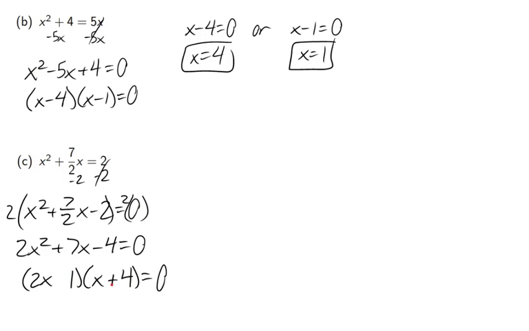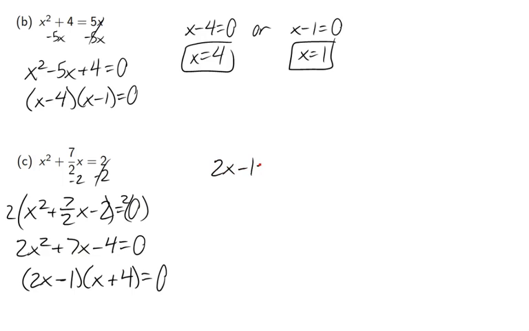However, the 7 is positive, so let me put the plus on the 4 and the minus on the 1, and now as you can see, I would get 2x squared, 8x and minus 1x, which makes the 7x, and the -4. So, that's the way I factored it, but if you have another way, that way is fine too.